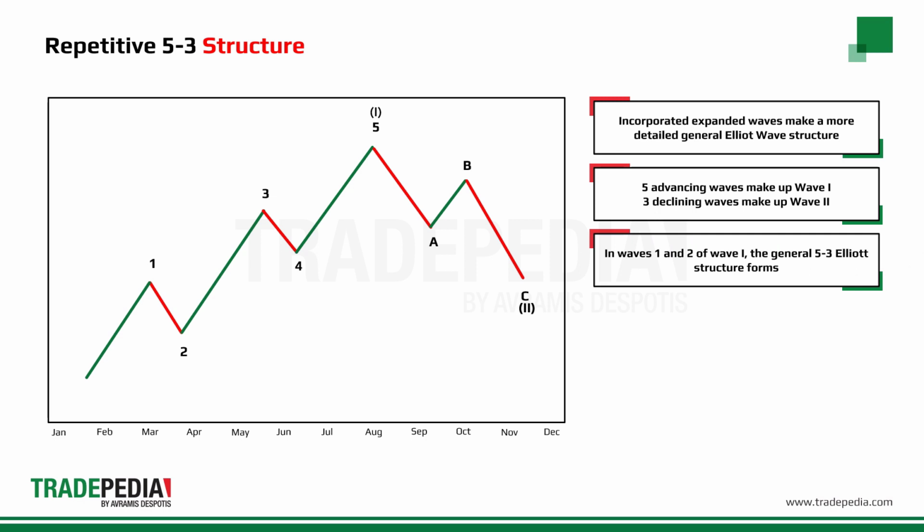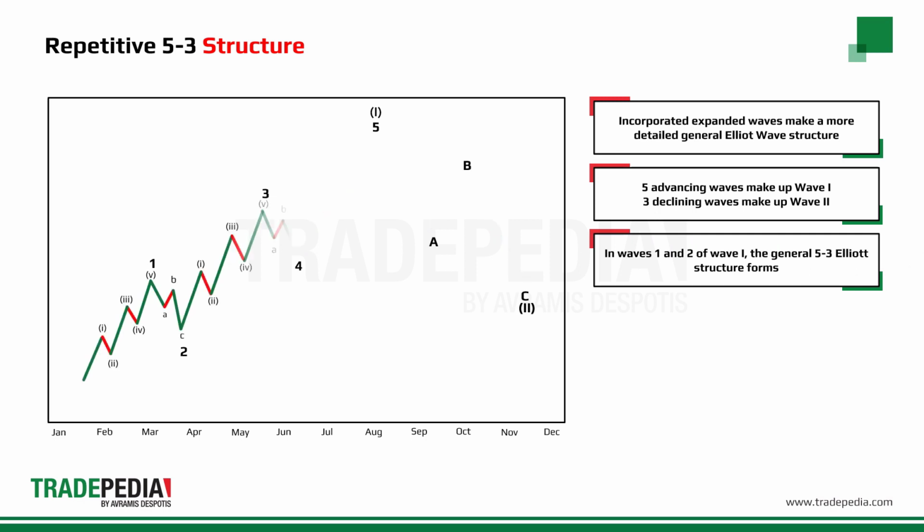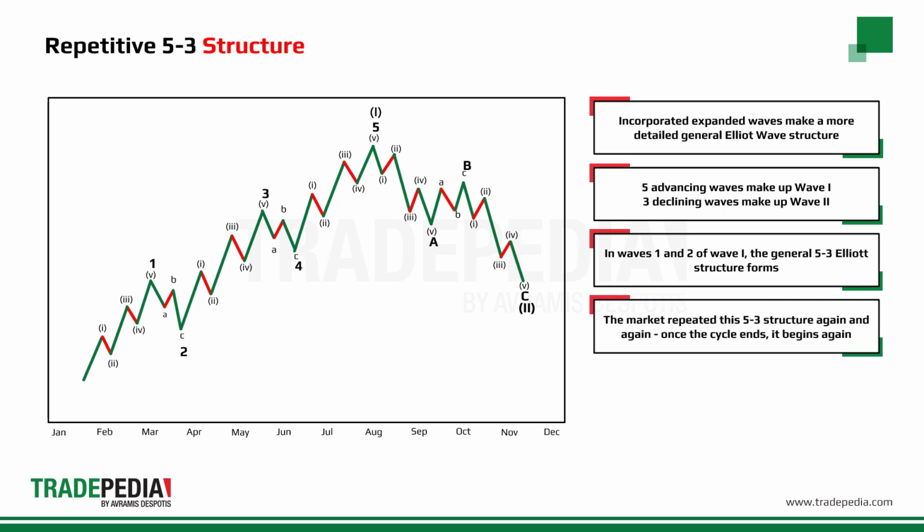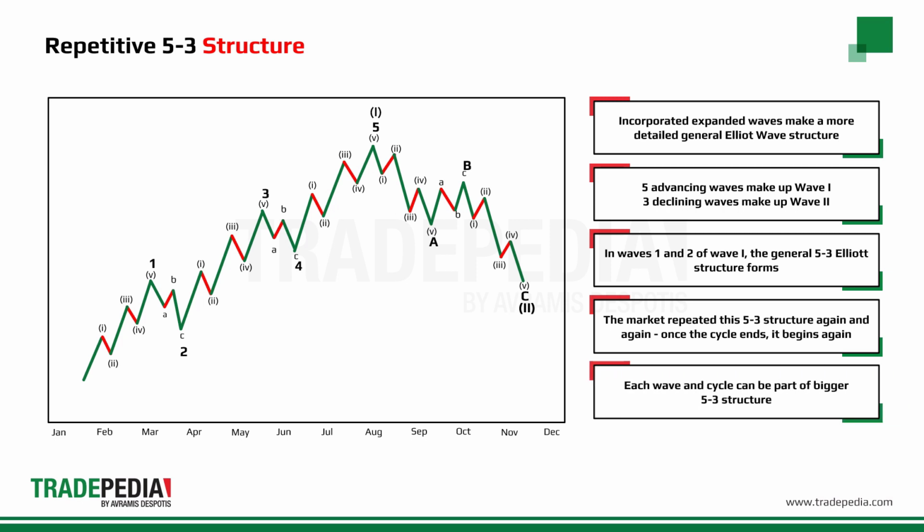Notice, however, that in waves 1 and 2 of wave 1, the general 5-3 Elliott structure forms, and this structure forms on both a larger scale and a smaller scale. And each wave and cycle can be part of the bigger 5-3 structure of waves.